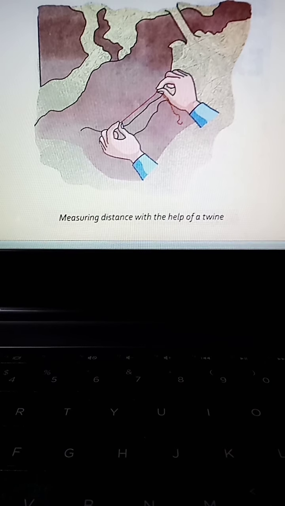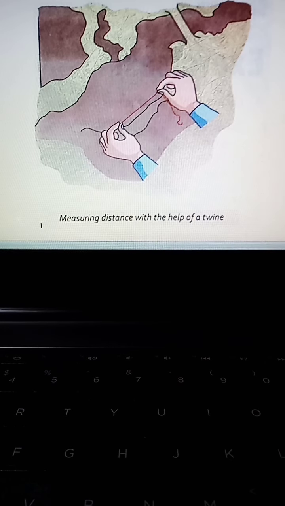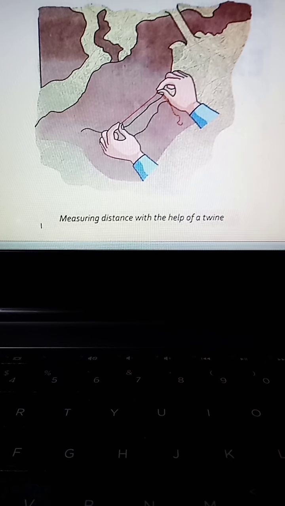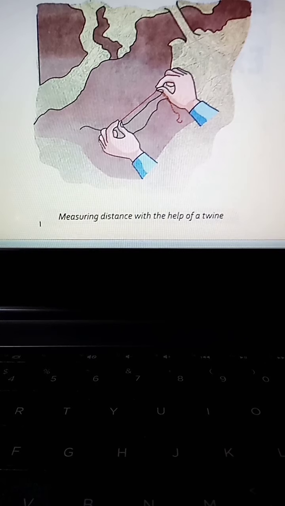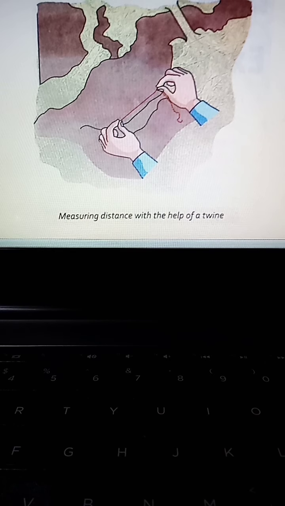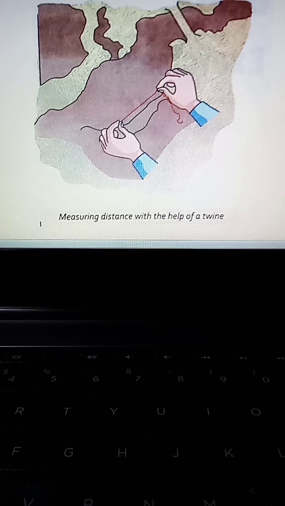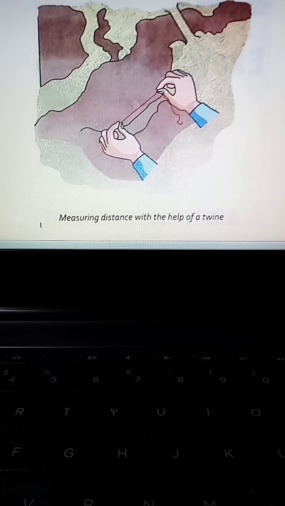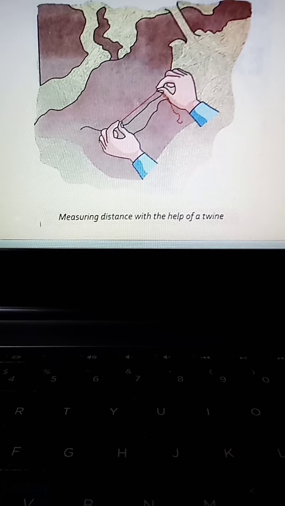When you reach the end of the route you are measuring, mark that end with ink. Now place the twine on the scale with the knotted end at 0 and see how far the ink-marked end reaches on the scale. Measure the length and convert into kilometers.